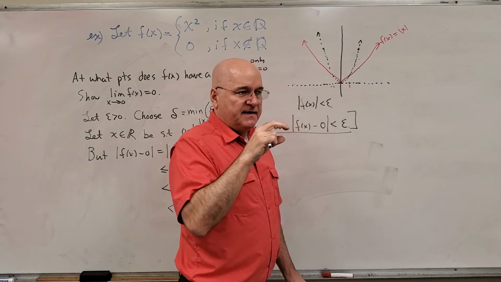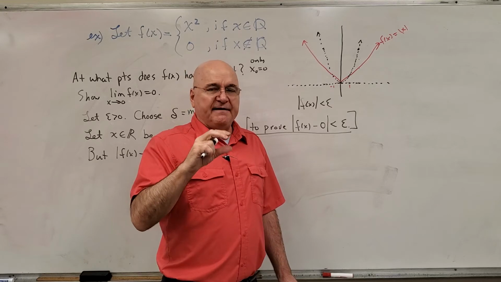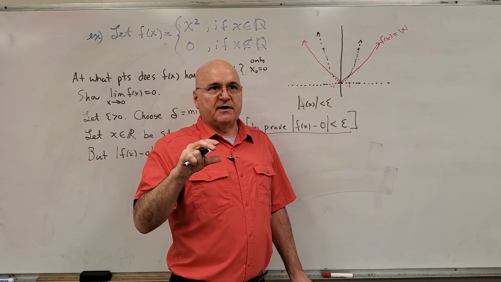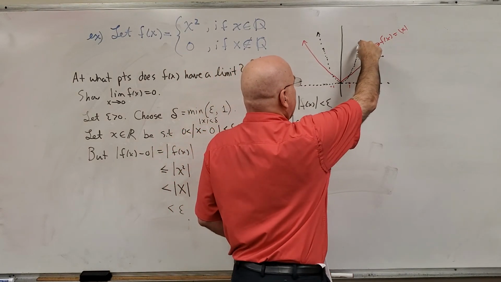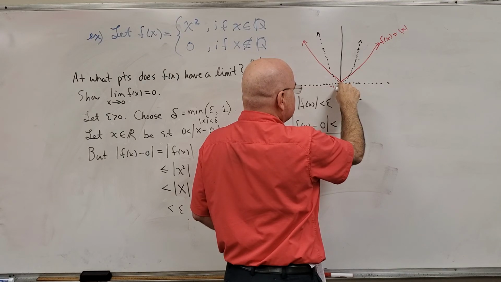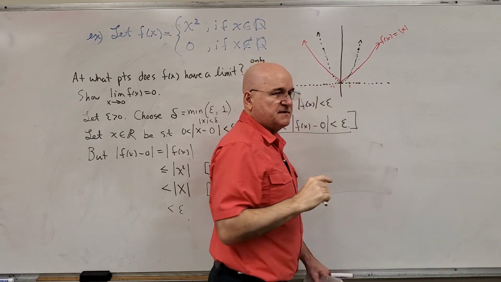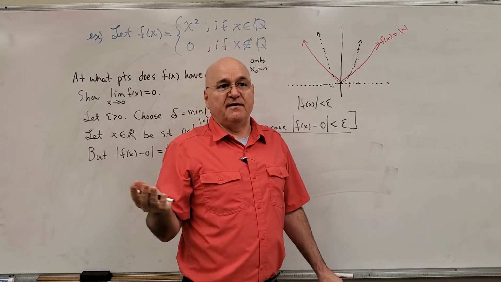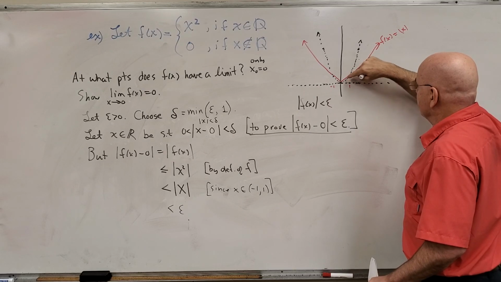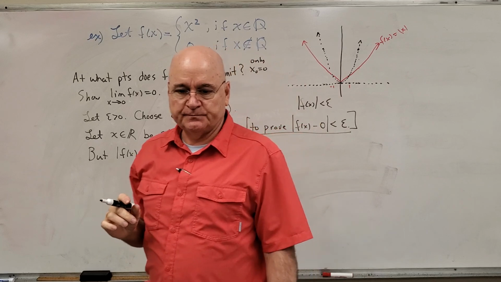If you're at the sequence xn, as xn is approaching 0, f of xn is either traveling along this, and as you get to 0, the height of the function gets to 0, or it's traveling along this, where it's the constant 0, or it's a combination thereof. It goes from here to here to here to here to here, but notice what's happening. It still hones in on the height of 0.